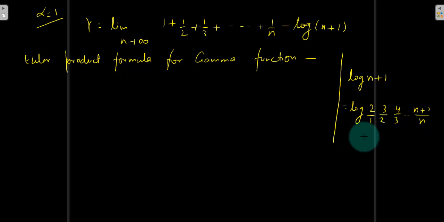Now what I do here is write it in sigma summation notation, m equals 1 to n, and the general term is log of (m+1) over m, right?